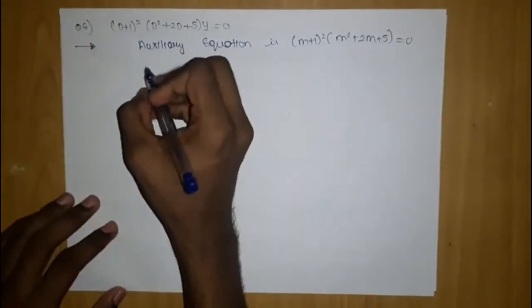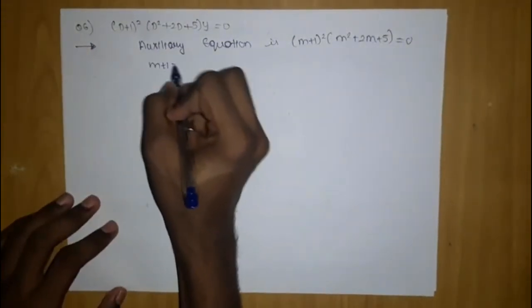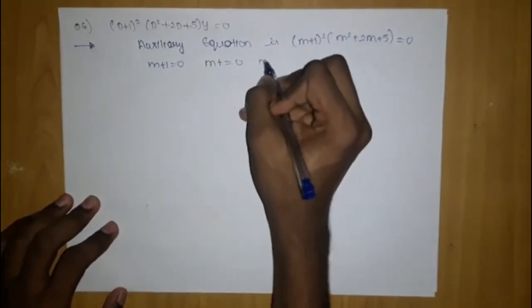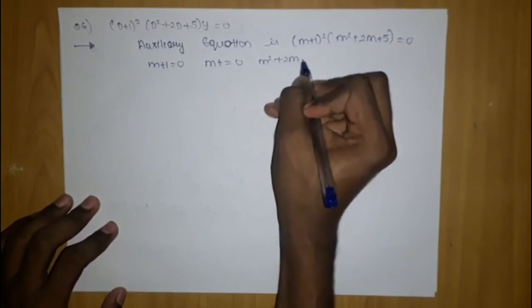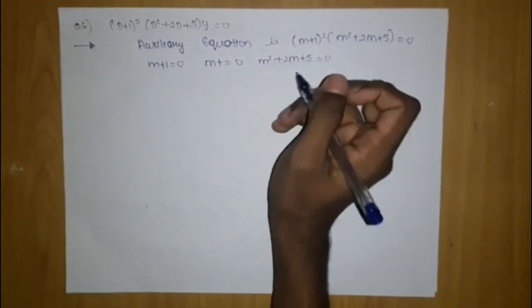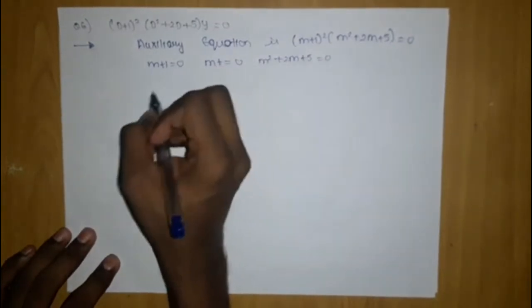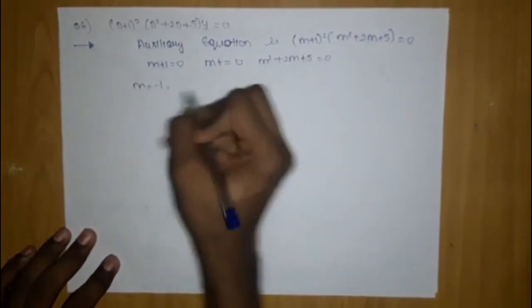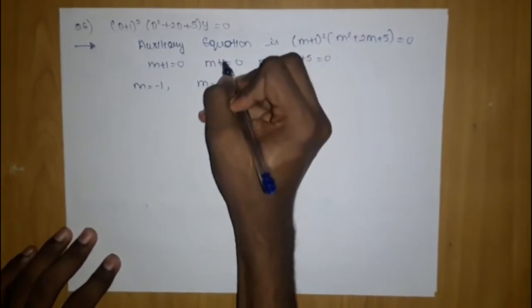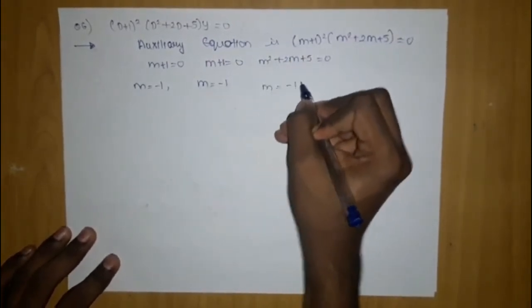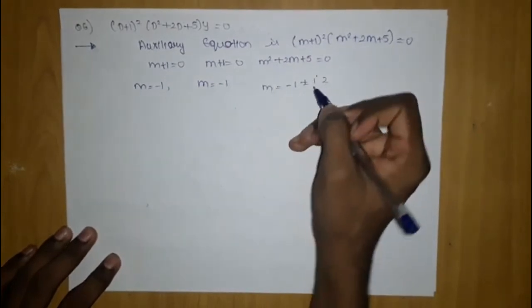If you try to get it, there will be (m plus 1) twice equals 0, and there will be m square plus 2m plus 5 equal to 0. This one will give complex roots and the other will be real. So m equals minus 1 and m equals minus 1 are my two similar roots, while this one will give me minus 1 plus minus 2i as the roots.